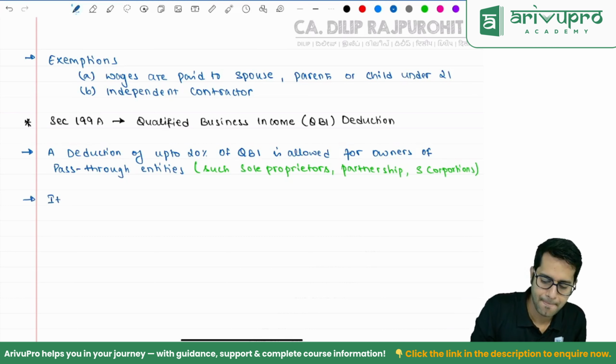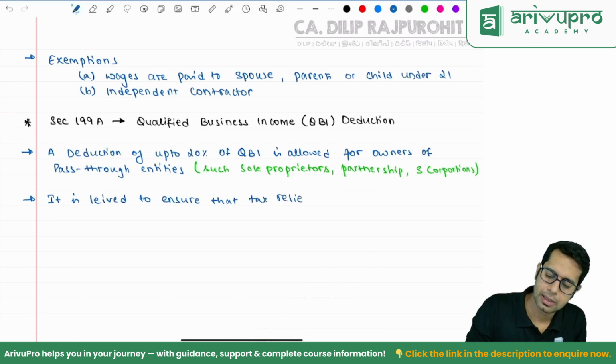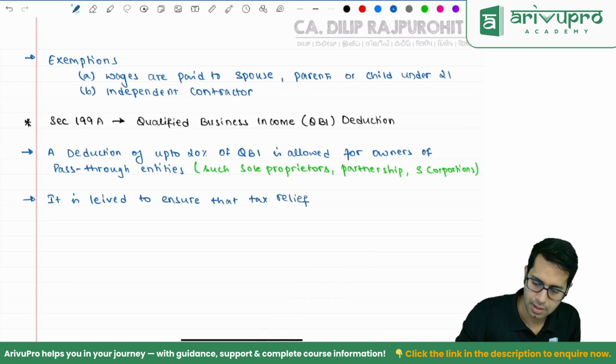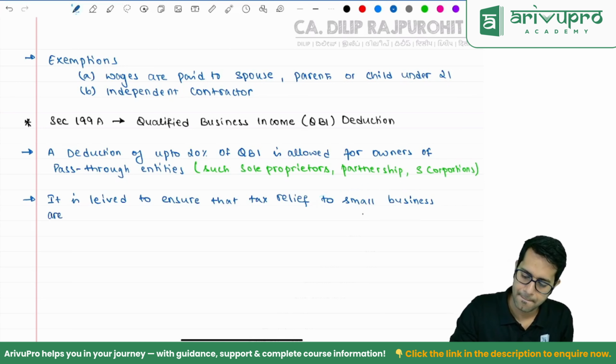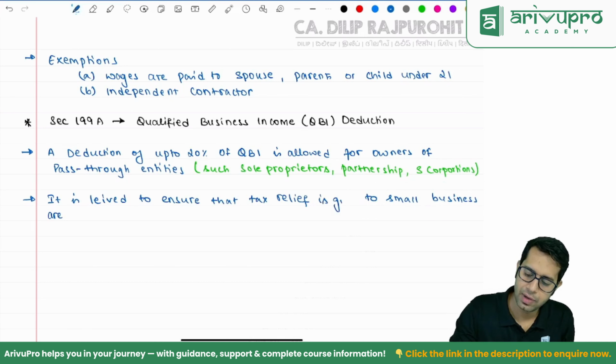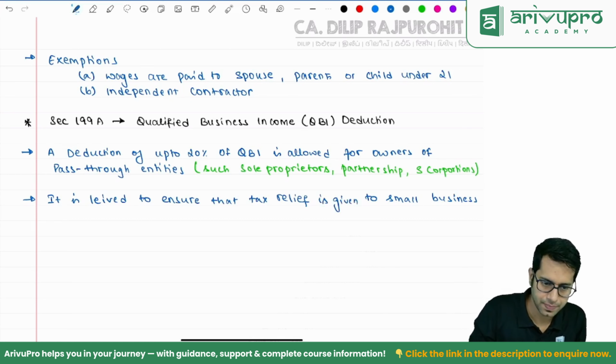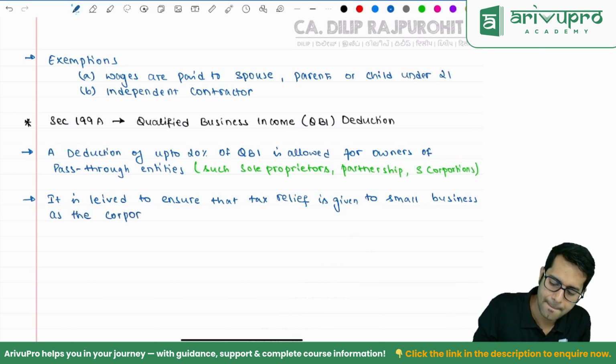It is levied to ensure that tax relief is given to small businesses as the corporate tax rate is just 21%, but normal individuals and all have to pay tax rates of up to 37%.